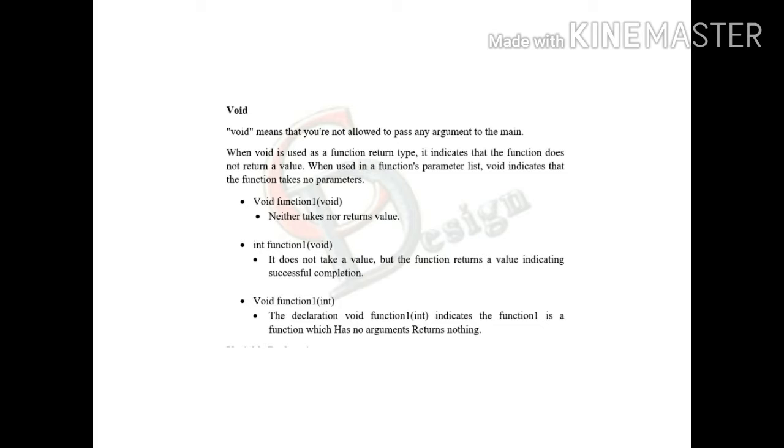It does not take any value, but it returns a value indicating that there's been a successful completion. Then we have the other one, which is the void function int. The declaration void function indicates that the function one is a function which has no arguments, returning nothing.